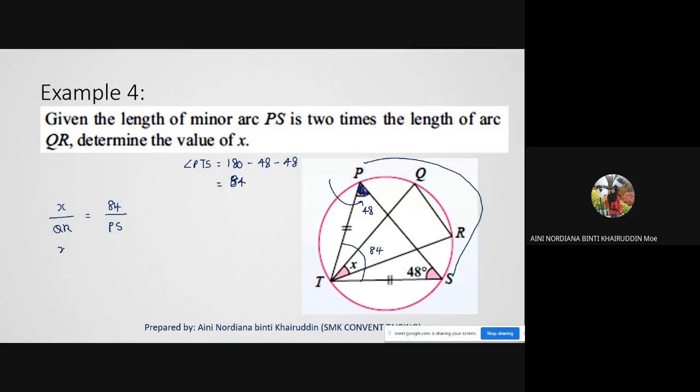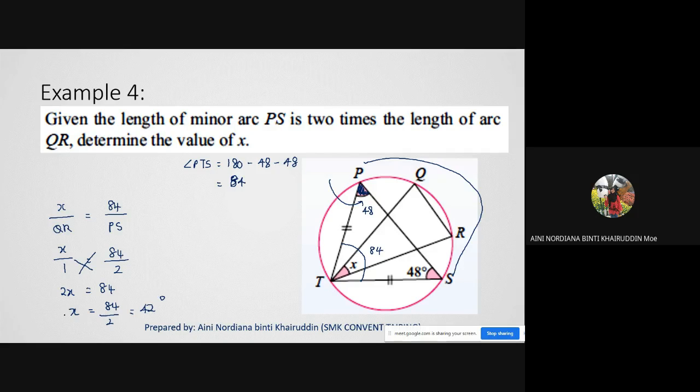So you can write like this because you know this arc is 2 times, so 1 and 2. So when you do cross multiplication, you will get 2x equals to 84. So x equals to 84 divided by 2 equals to 42.